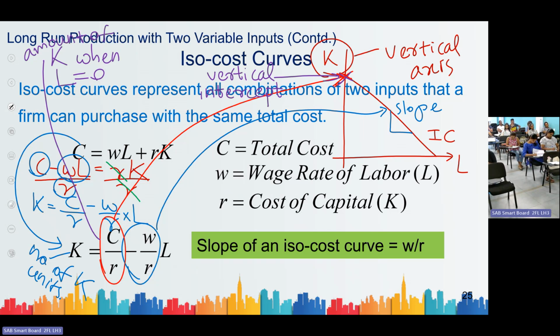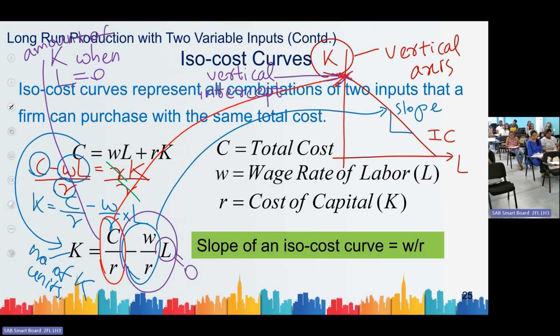When we substitute 0 for L, this whole part, W over R into L, will be 0. Any value multiplied by 0 becomes 0. Then K will be equal to C over R.